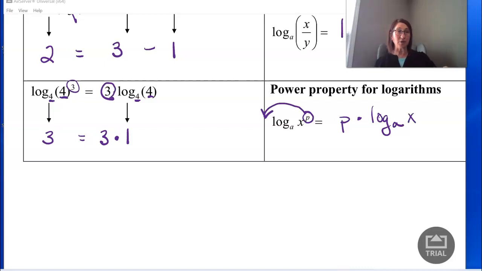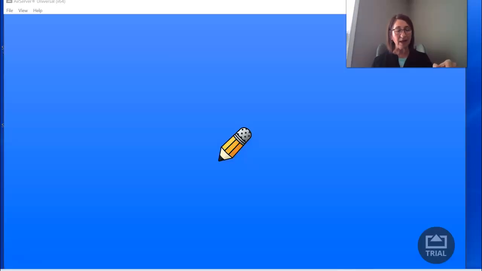All right, now that we've got a really strong understanding of what these properties are, let's go apply them.